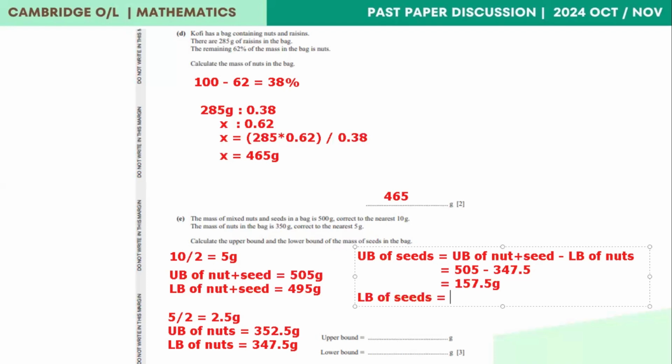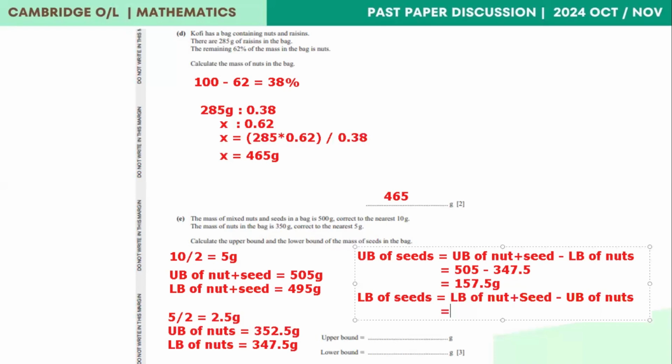Next, the lower bound of seeds. For the lower bound of seeds, we need the low value. That's going to be equal to the lower bound of nuts plus seeds minus the upper bound of nuts, because we want a lower difference, because we want the lower bound of seeds. We have to use a lower initial value.